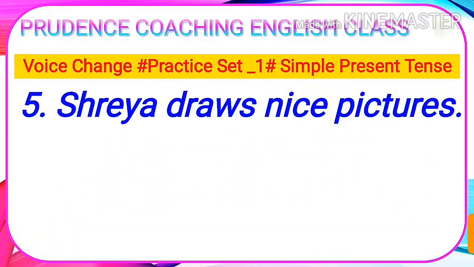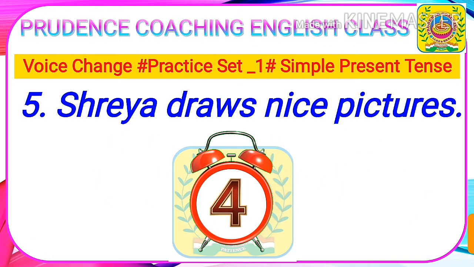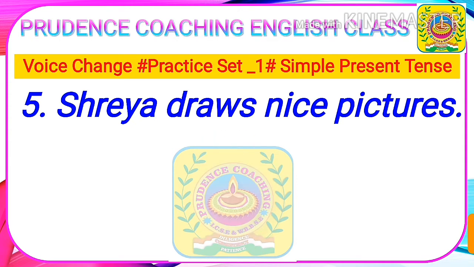Number 5, start. Time's up. Shreya draws nice pictures. Here Shreya is the subject, draws is the verb, nice is the adjective, and pictures is the object. As we know, the doer of the action is the subject, so it is given in active voice.